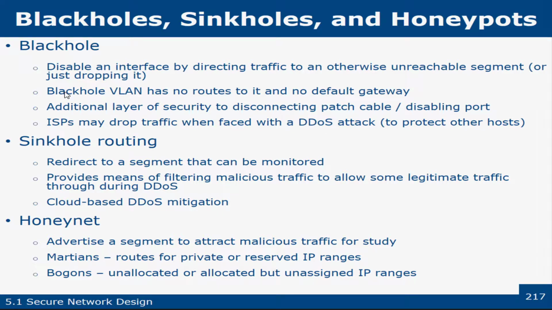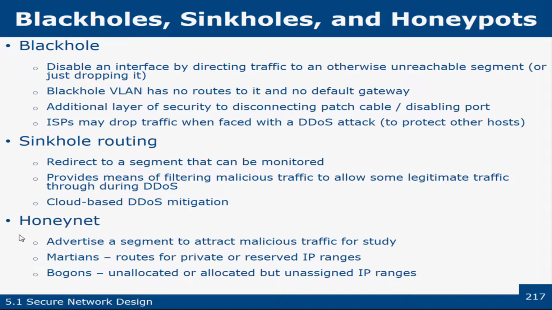Another term is called sinkhole routing. This is another way to filter malicious traffic. And then a honeynet. This is where you're publicly advertising a segment, and the hackers say, oh, I just found a network segment, let's go ahead and try to get in. The goal of this is to research and study what the hackers are doing, right?